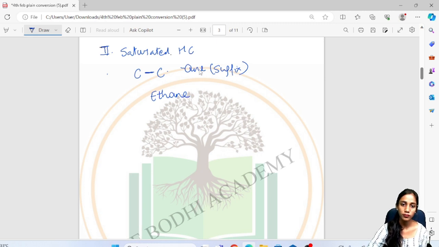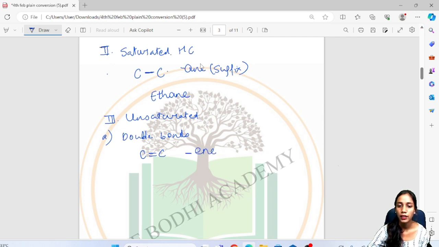Now the next is the unsaturated hydrocarbons. In that, the first one we have is the double bond between the carbon atoms, for example, C double bond C. In this case the suffix added is ENE.